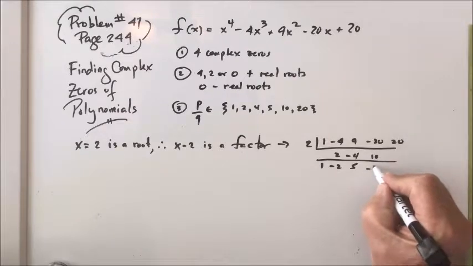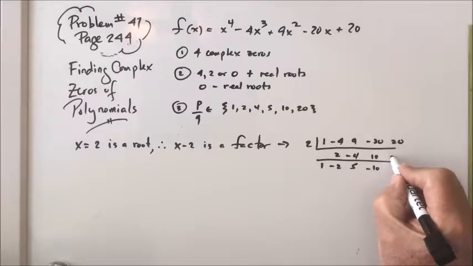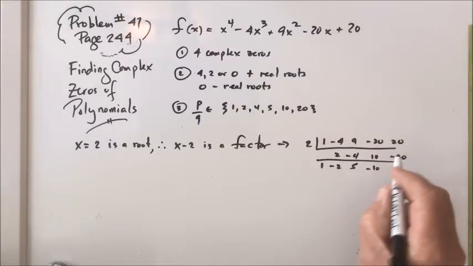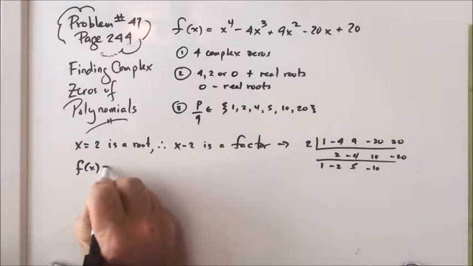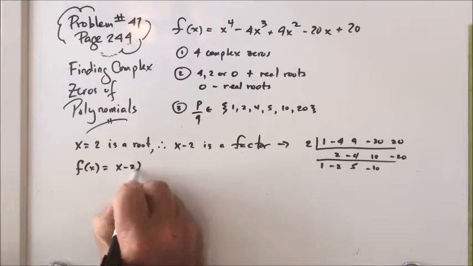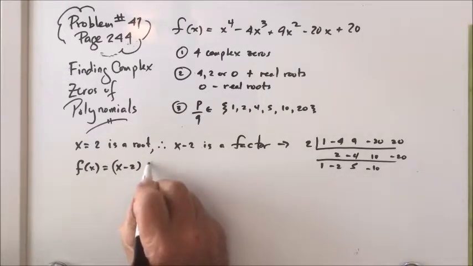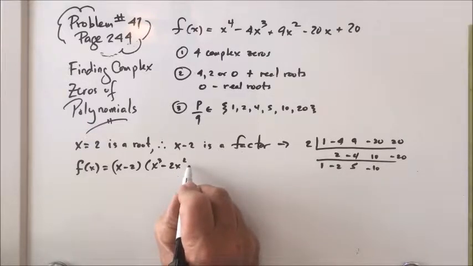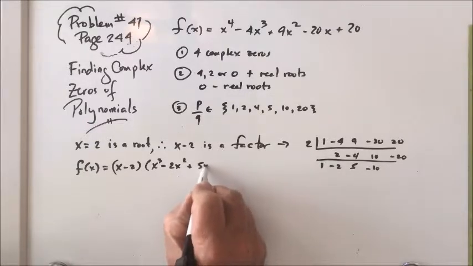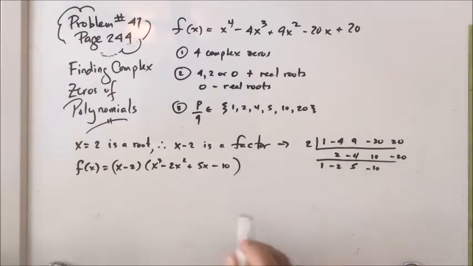Yikes, 10 minus 10, minus 20. So sure enough, it turns out that f of x is x minus 2 times this third order polynomial, x cubed minus 2x squared plus 5x minus 10.